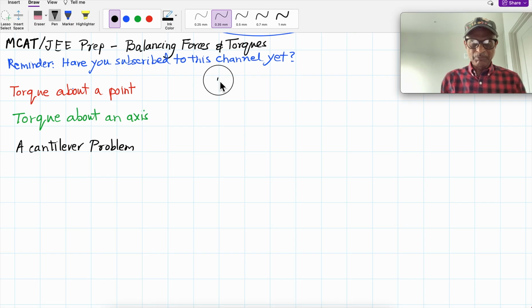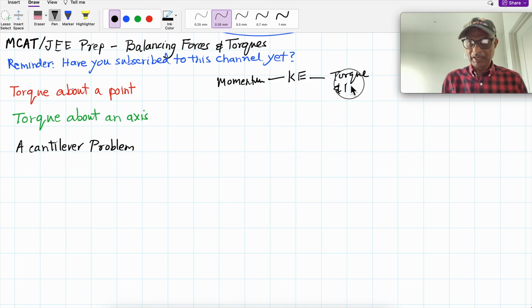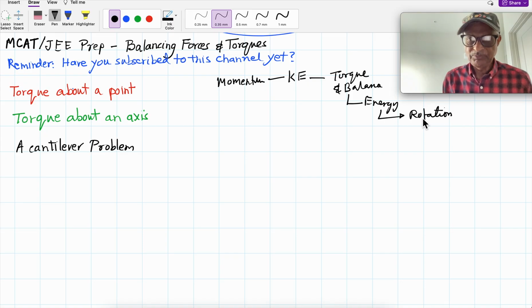So we had momentum, and then we did kinetic energy, and then we're going to talk about torque and balance, and then we're going to go back to energy, and then we're going to do rotation. Okay.